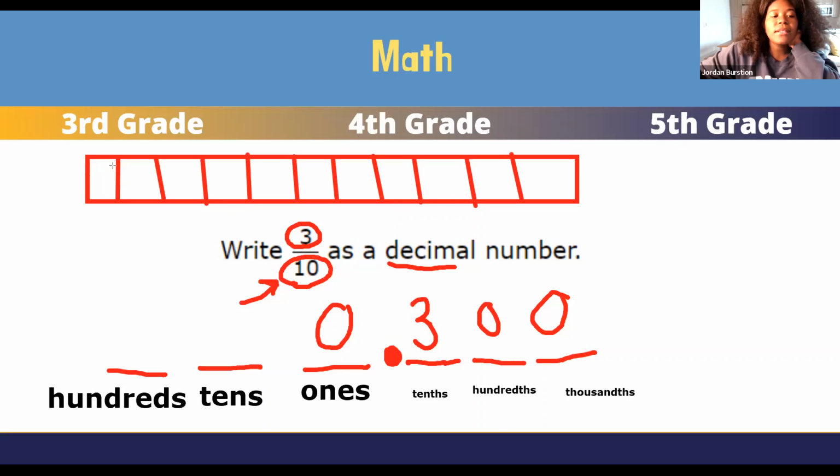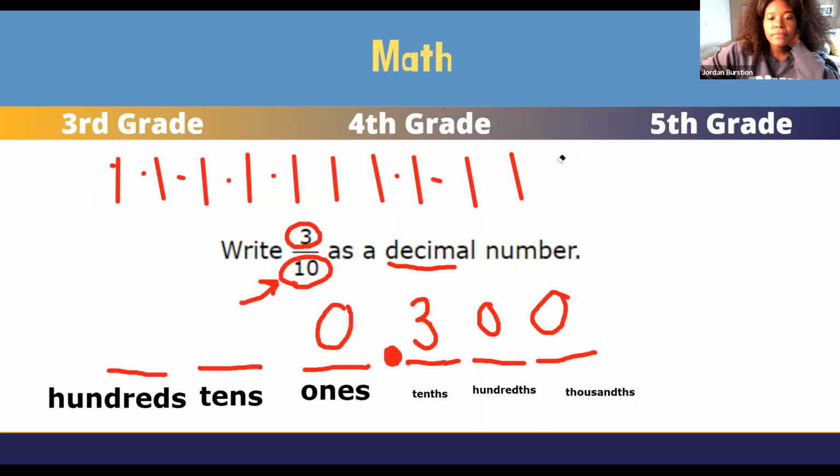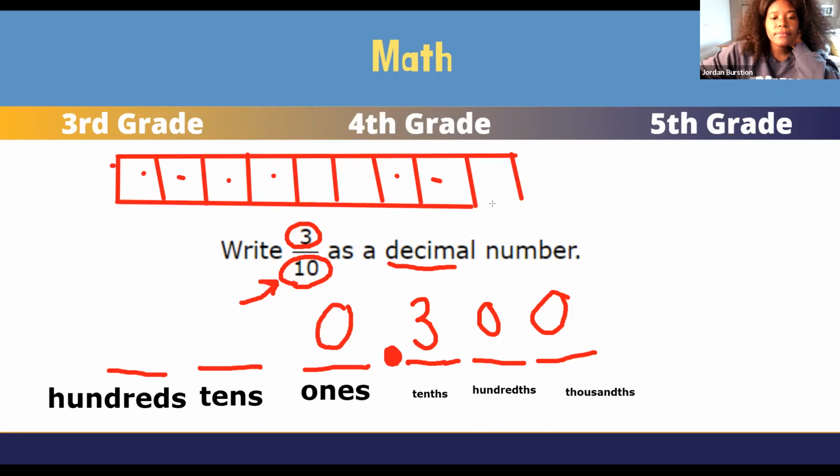I think that's 10. So it's like you had a chocolate bar and you sliced it into 10 pieces and you kept 3 of them. You'd have 3/10 left.